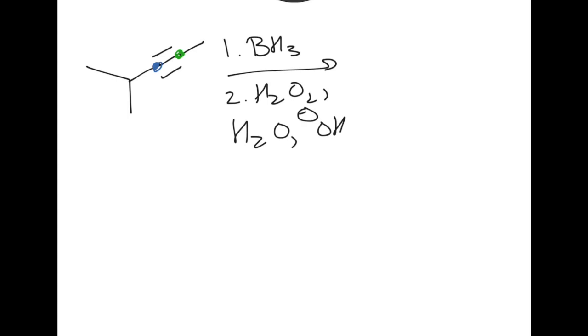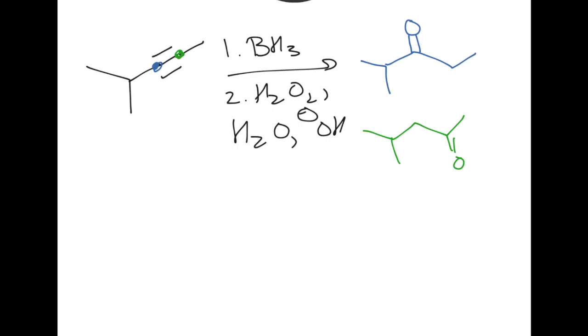So there's nothing to say that one's more substituted than the other. So half the time your boron's going to add to the blue carbon and you're going to make this ketone. And the other half the time it's going to add to the green carbon and you're going to make that ketone. So it still has that same problem where we have to have a symmetrical alkyne to only get one product. So we don't solve any problems.